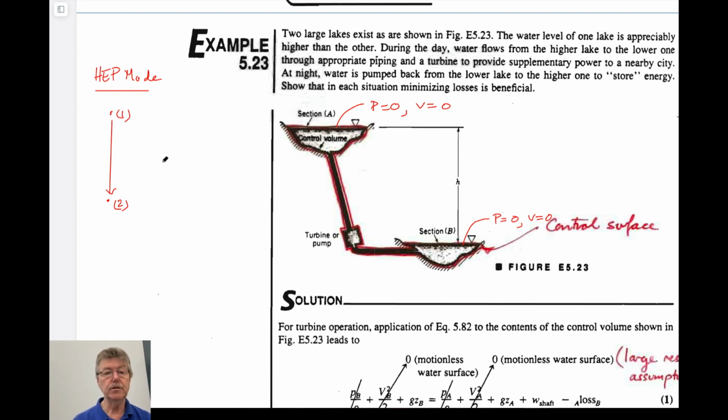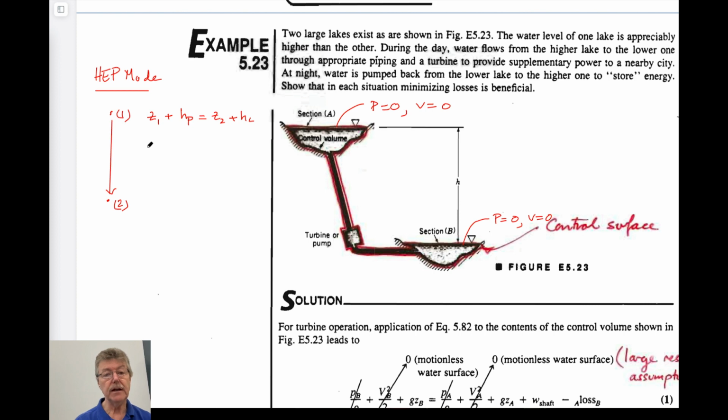So you can write Bernoulli in terms of this. So it's, what is it? It's Z1 plus no velocity term, no pressure term, plus HP equals Z2 plus head losses. Head losses are always positive.